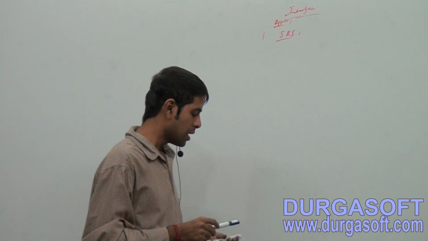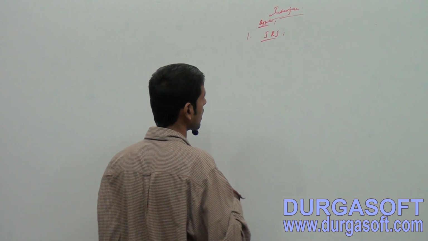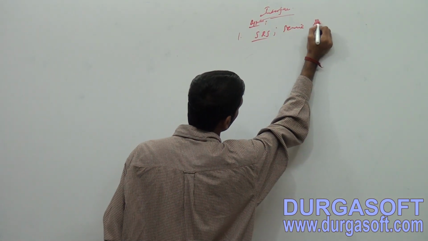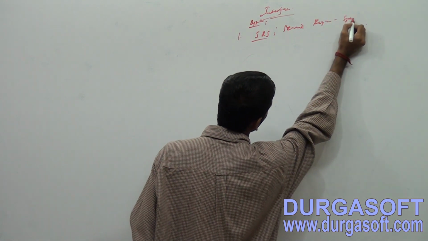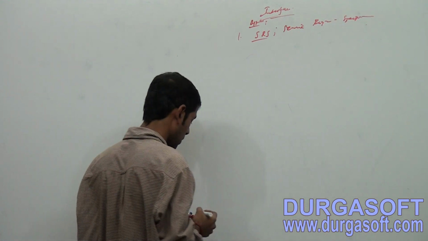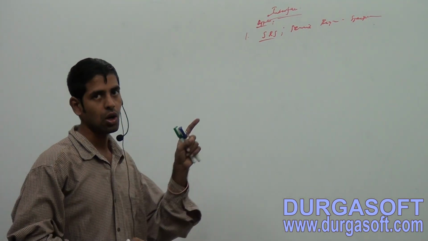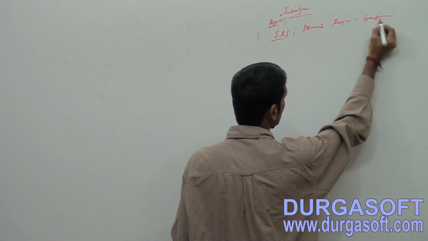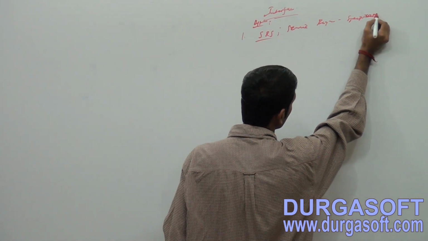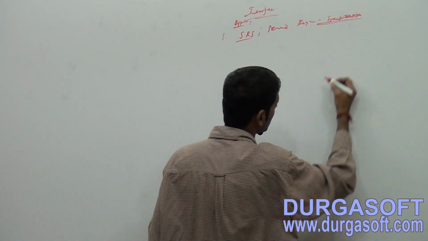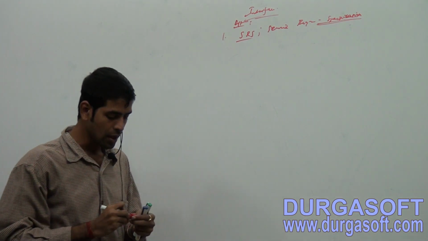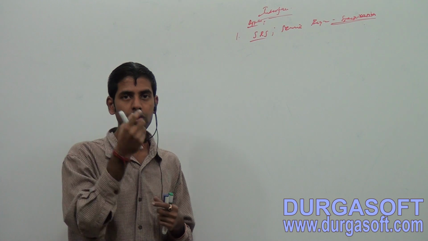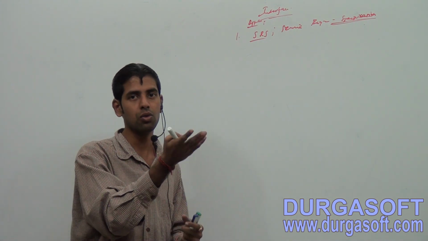Now, it is a service requirement specification document. Observe here, requirement specification. What is this specification? I am giving you some guidelines, I am giving you some rules, so please follow those rules.